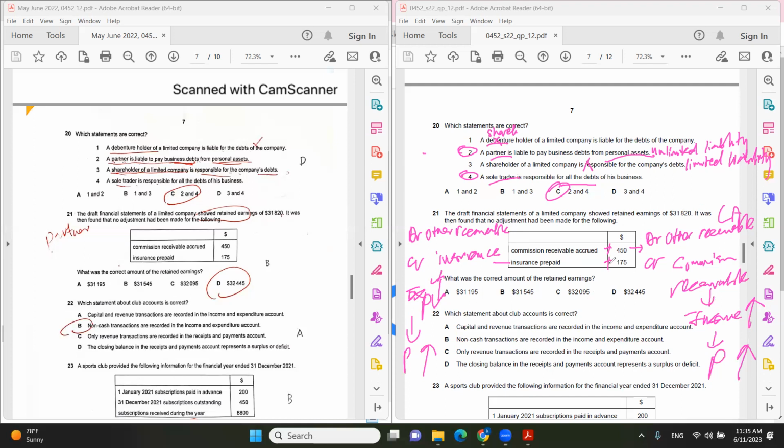So I have to add these 3 amounts together. 31,820 plus 450 plus 175. So we will get 32,445. Okay, we move on to the next.